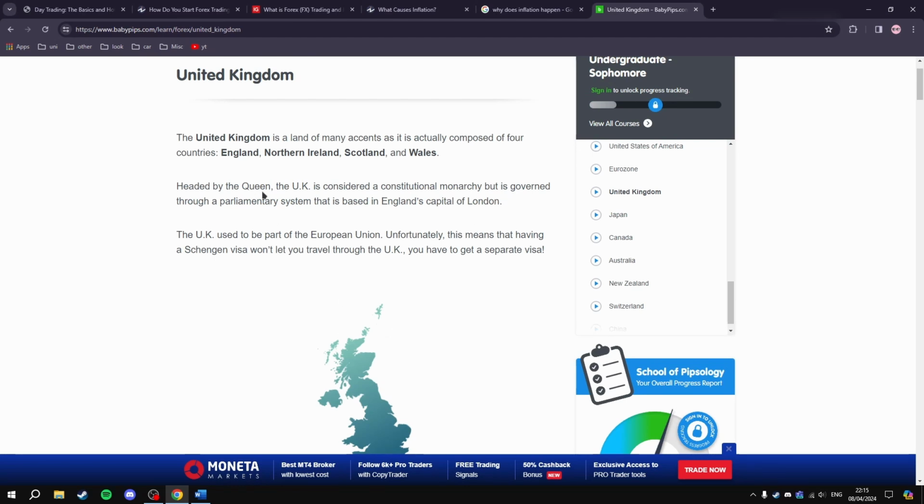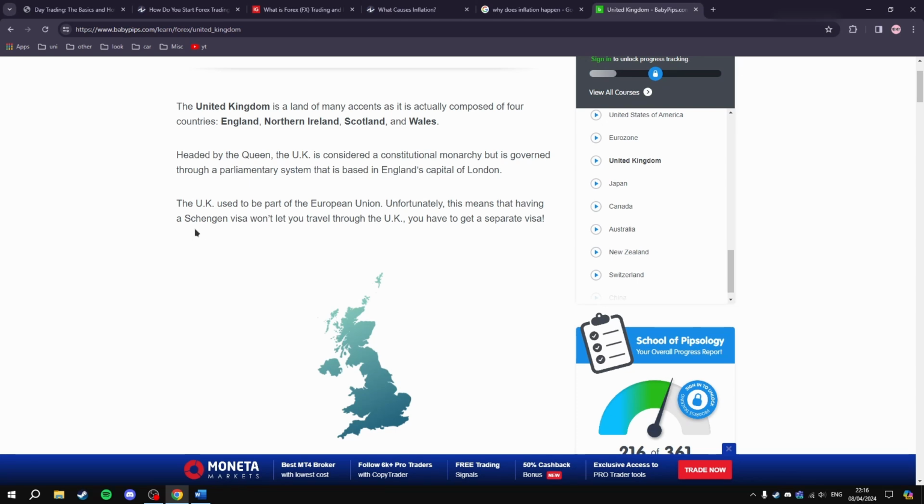Headed by the Queen, not anymore, the UK is considered a constitutional monarchy but is governed through a parliamentary system that is based in England's capital of London. The UK used to be part of the European Union. Unfortunately, this means that having a Schengen visa won't let you travel through the UK. You have to get a separate visa.